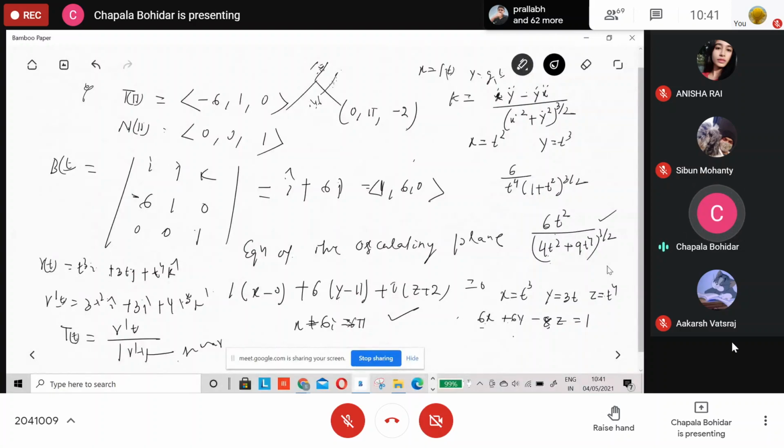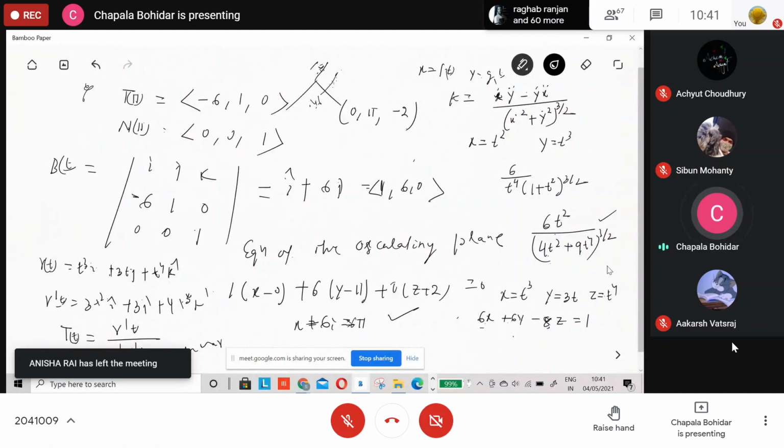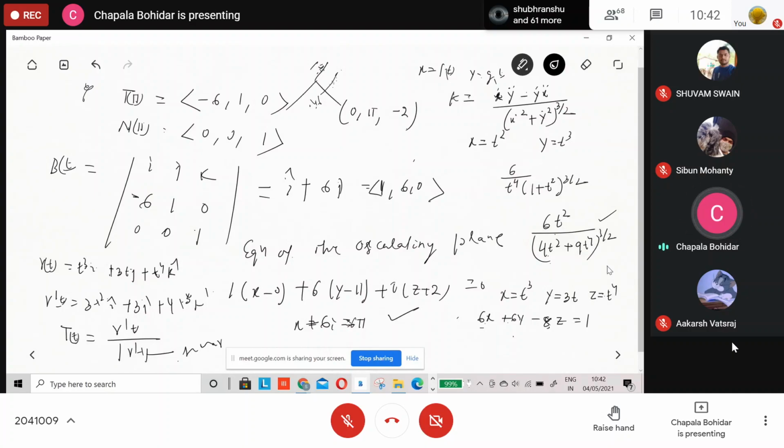So I can say 3T square is equal to 6, 3 is equal to 6.